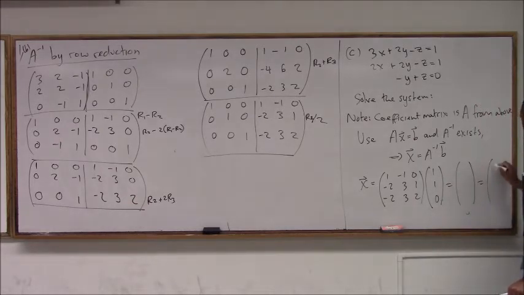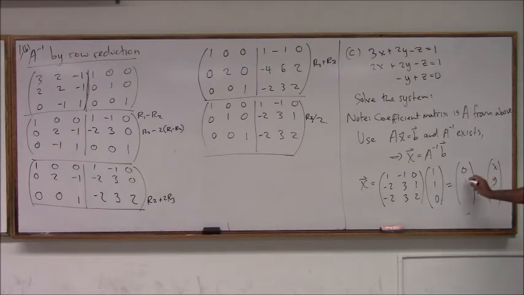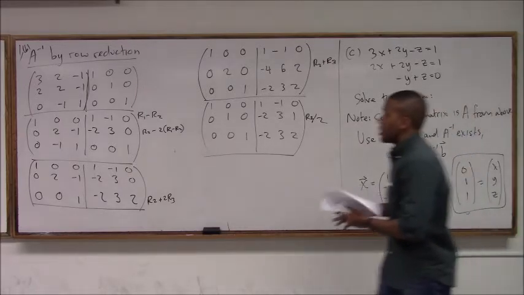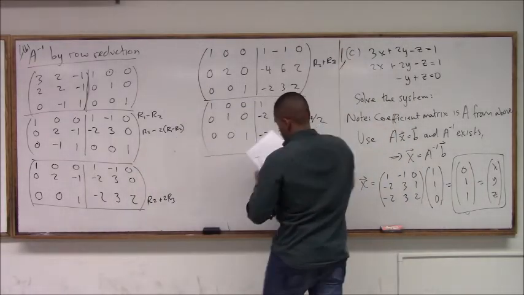So that's going to be your x, y, z. You write it as a column vector, and that seems to be 1, minus 1, minus 2 plus 3, and minus 2 plus 3. So that's the answer here. And so that was part C.